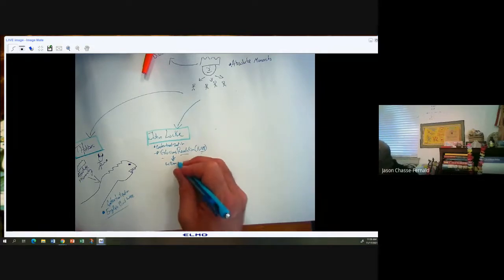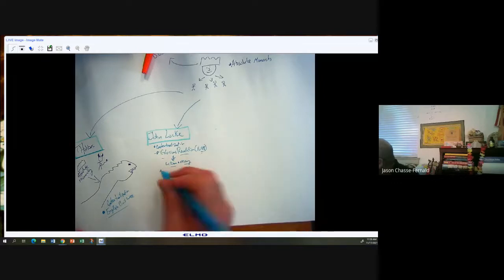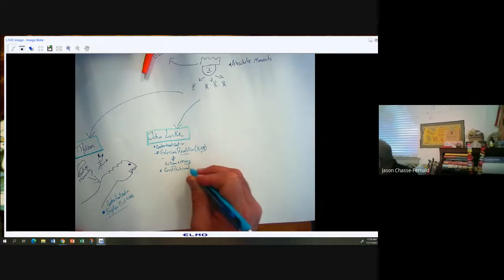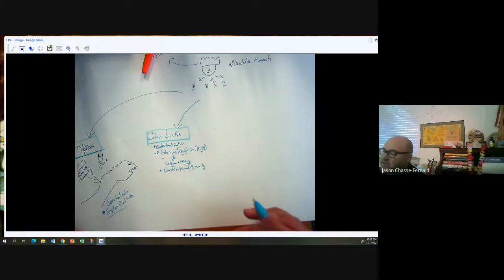William and Mary. And we see the establishment of a constitutional monarchy. We see the rise of a constitutional monarchy.